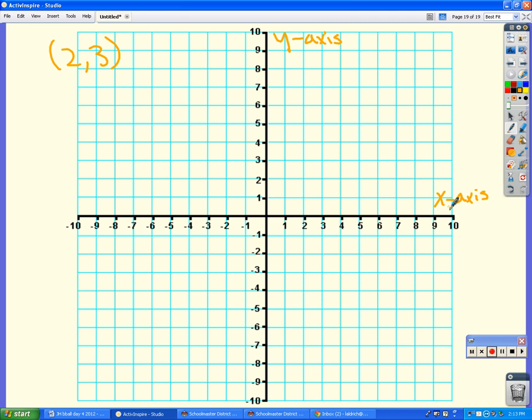Where do you start? From the origin. Good. You're always going to start right here at the origin, and then 2 in the x direction means I go over here 2. Up 3. And that is the point. So right is positive, to the left is negative, up is positive, and down is negative.